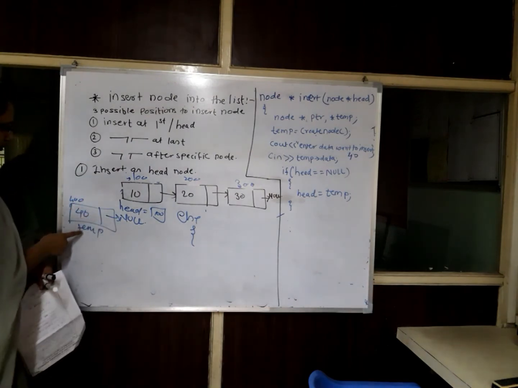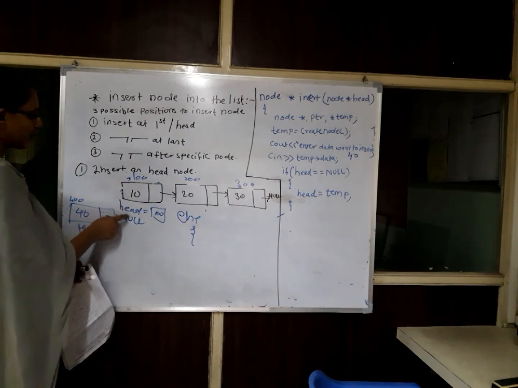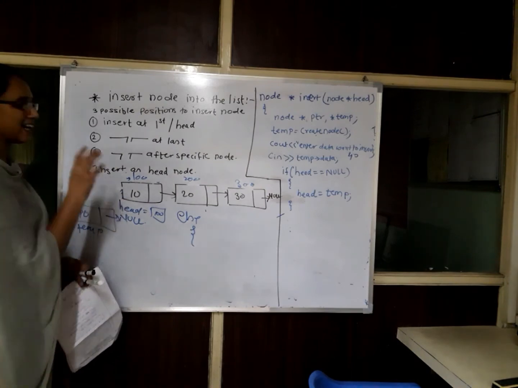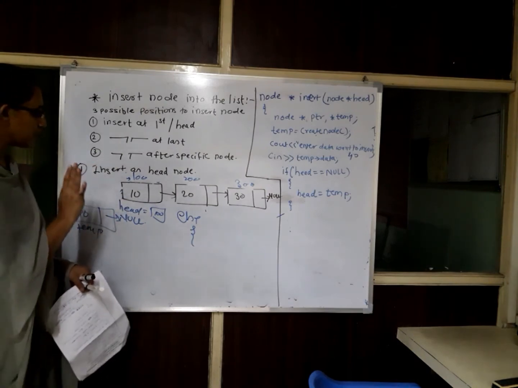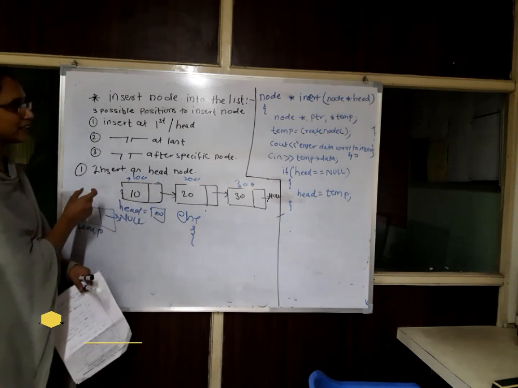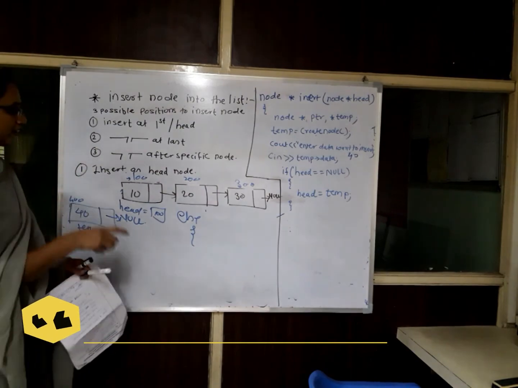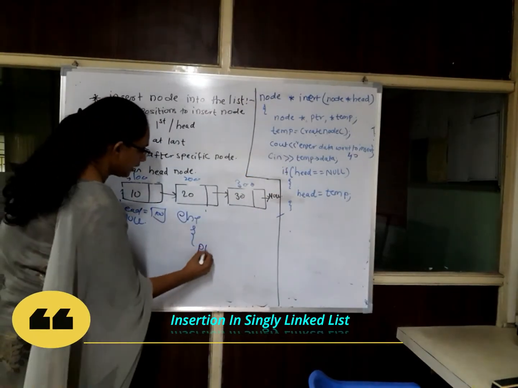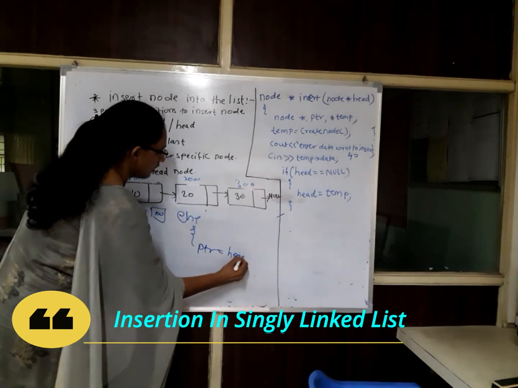So what we will do? We are not using this head directly because head we need as fixed. There should not be any changes in head. So we will copy this address in a pointer variable. Here we have taken the pointer variable ptr. So make ptr is equal to head.